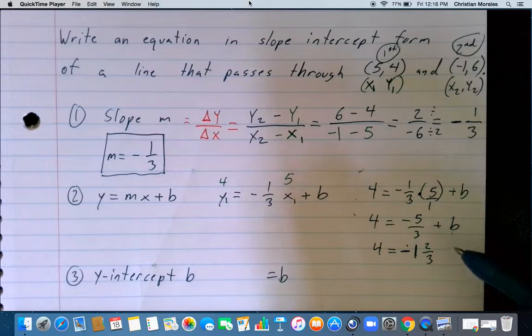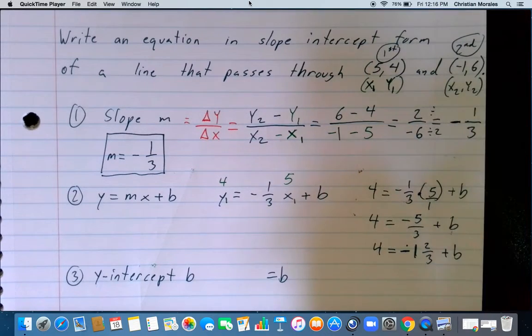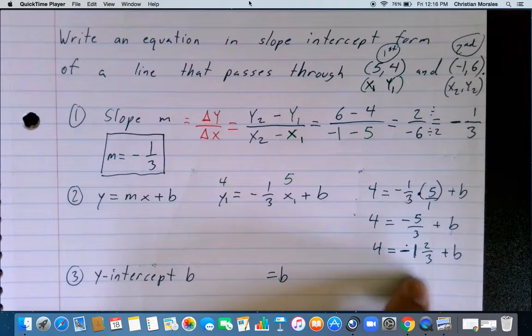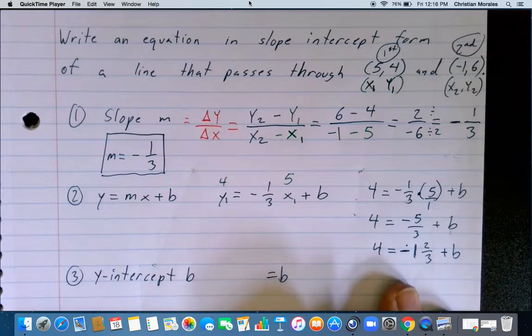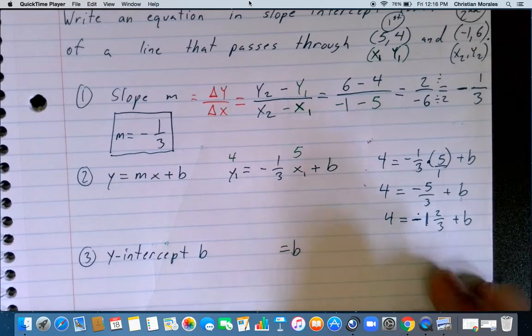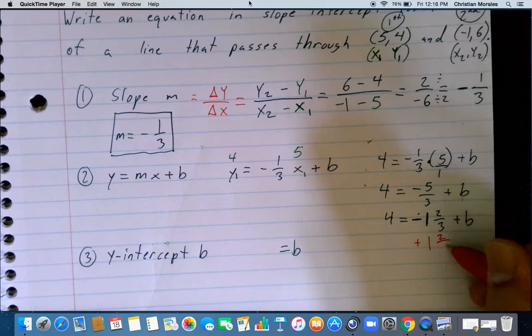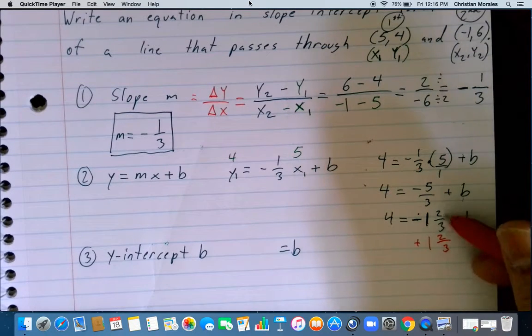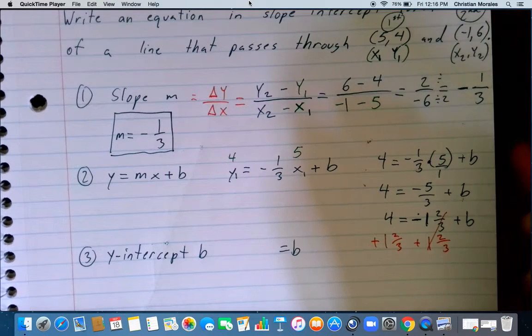When you're using slope-intercept, you don't want to use decimals. You want to solve it using fractions. Now, if you want the b by itself, we have to cancel out minus 1 2/3 with inverse operations, plus 1 2/3. That'll cancel it out, and I'm going to add 1 2/3 over here.